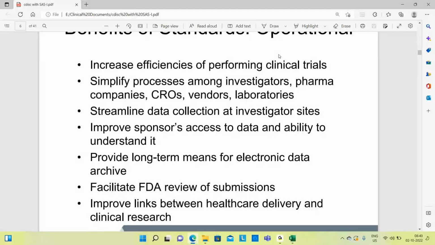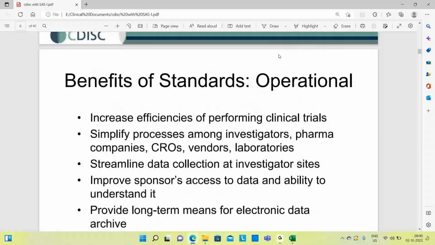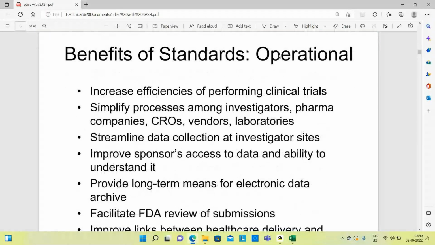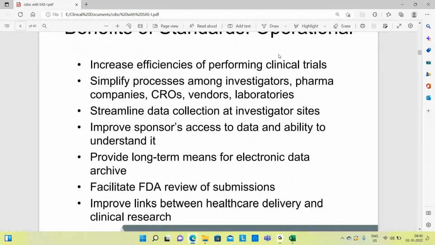So the importance of standards, operational-wise: it increases the efficiency of performing clinical trials. So in terms of operations, if you are following standards, it will increase the efficiency of the clinical trial.